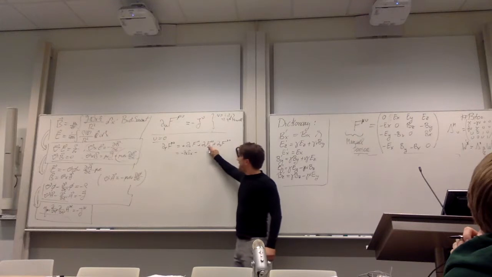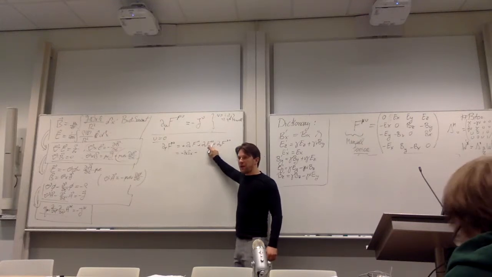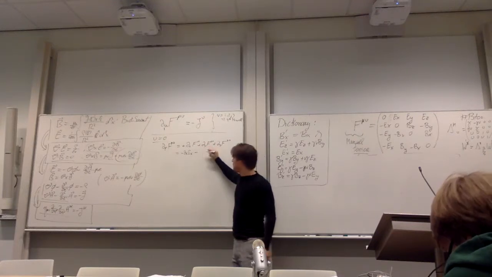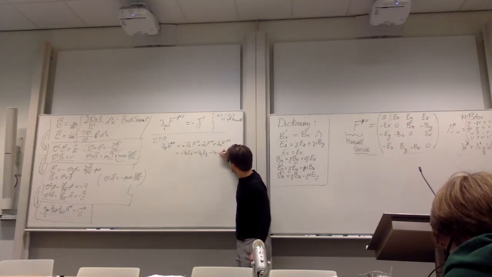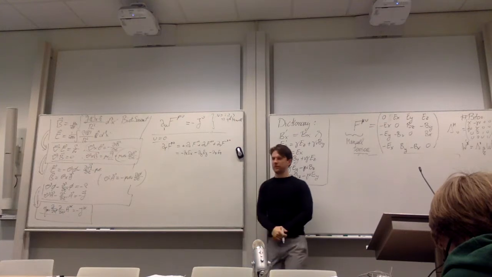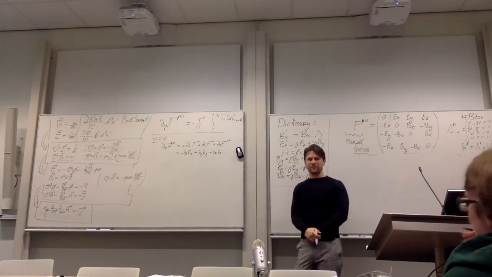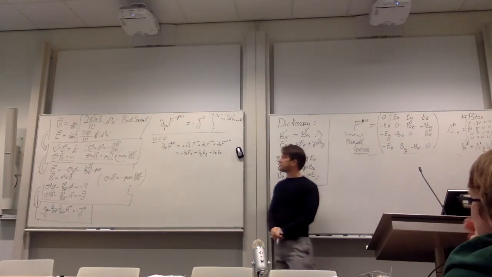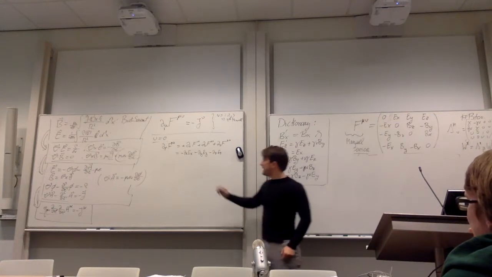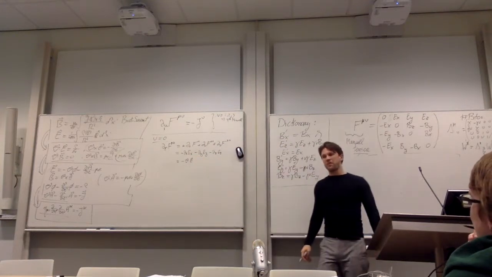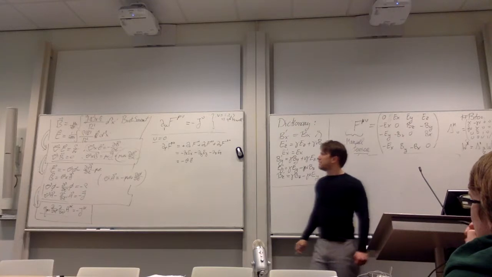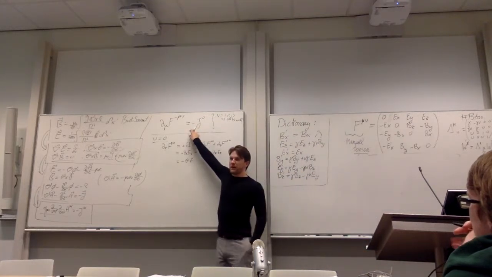And what I have here is f2, 0, which is minus Ey, and I have to take the y derivative of that thing. And so on. So you get this. And if I'm not super mistaken, this is the divergence of the E field with a minus sign. That should be equal to minus the 0 component of my current.